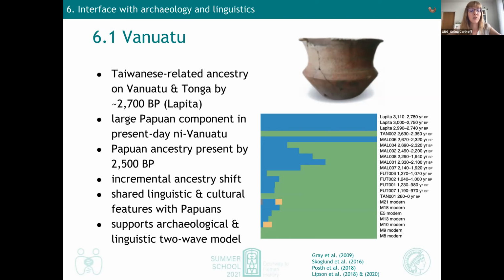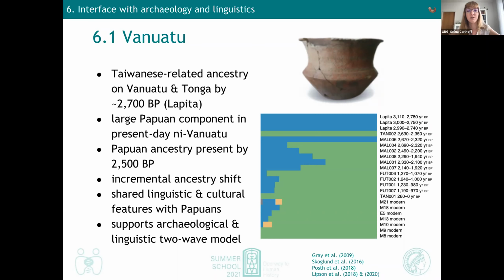So here they could really, with the genetics, provide another line of evidence that supported this archaeological and linguistic so-called two-wave model that supposes that an initial unadmixed Proto-Austronesian speaking population arrived, probably with the Lapita culture that developed then, and that was followed closely by separate Papuan speaking and Papuan related genetic ancestry that made their way into the region.